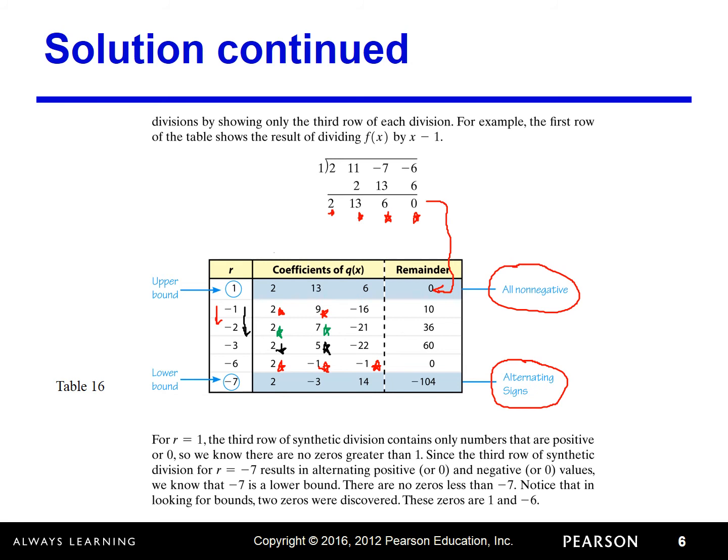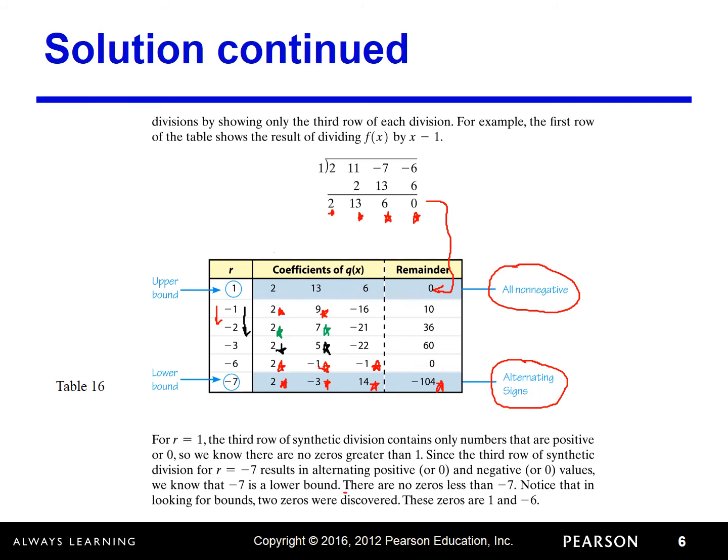So -7 will be considered the lower bound. Since the third row of the synthetic for r equals -7 does result in alternating values, we know that -7 is a lower bound. So we went to the next lower integer, and we did get non-negative, non-positive, non-negative, non-positive. We did get that alternation that we were looking for.